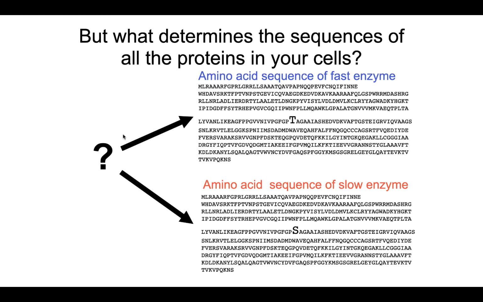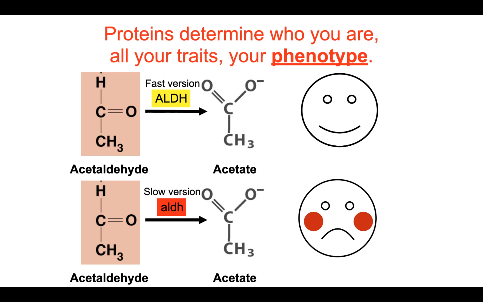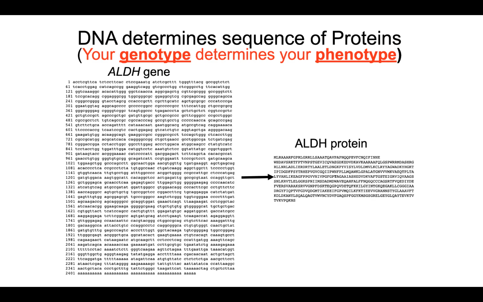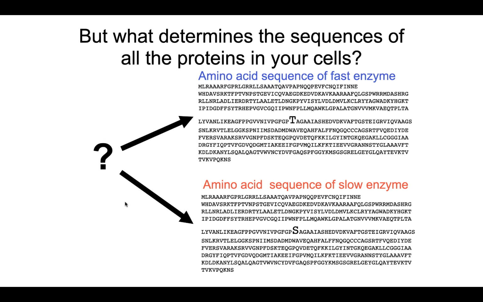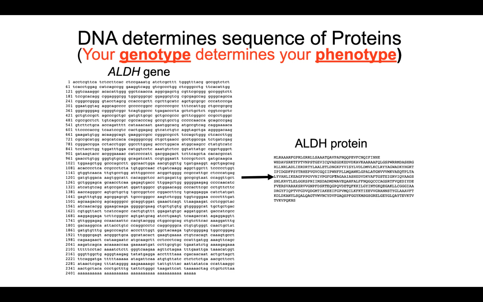All right, so I got a big question mark here. And the question is, if the sequence of amino acids within a protein determines its structure, therefore determines its function, therefore determines your phenotype, your traits, then the ultimate question is, what determines the sequence of amino acids within a protein? And the answer is genes.